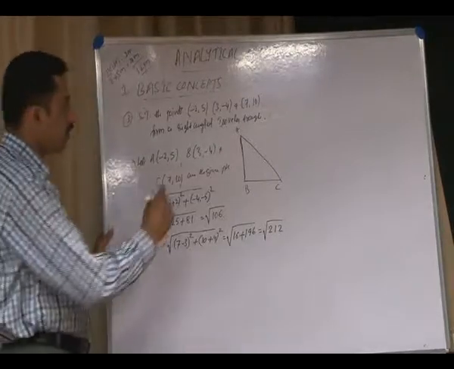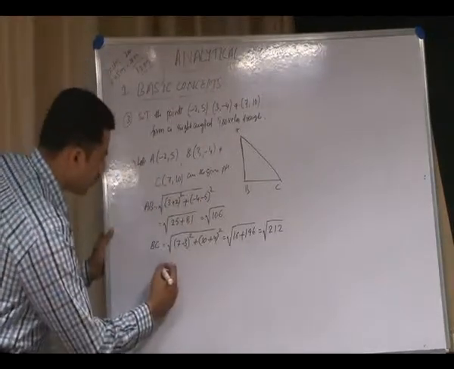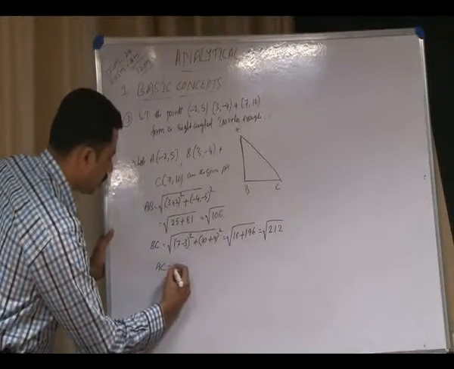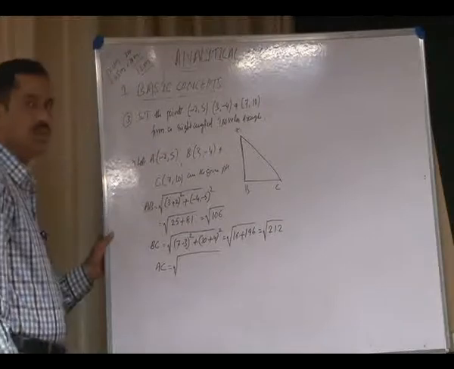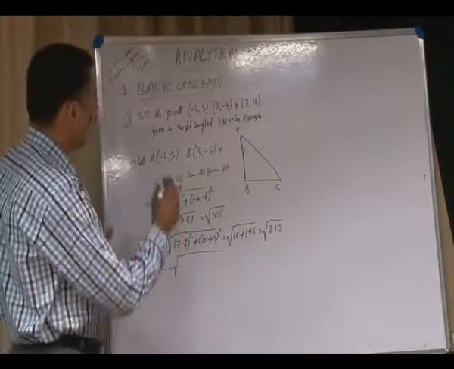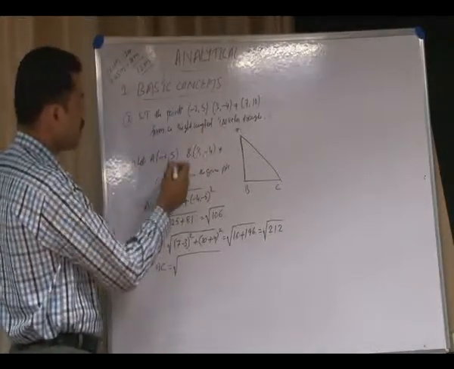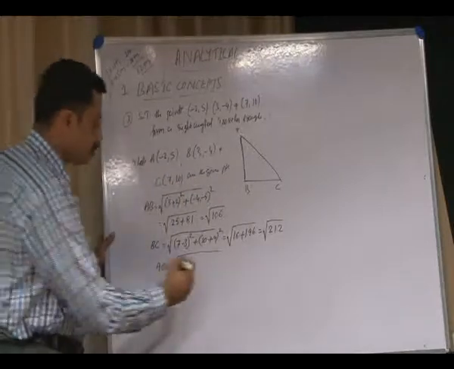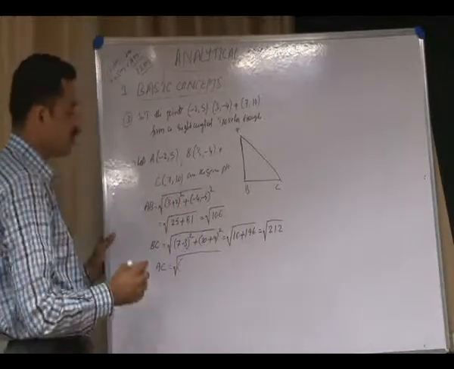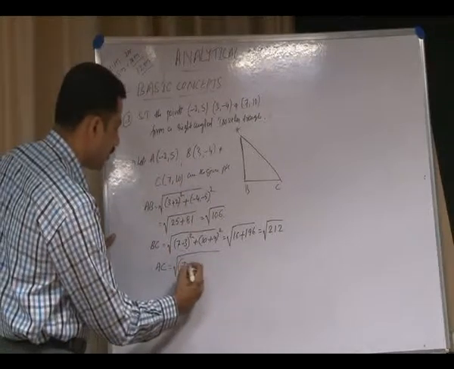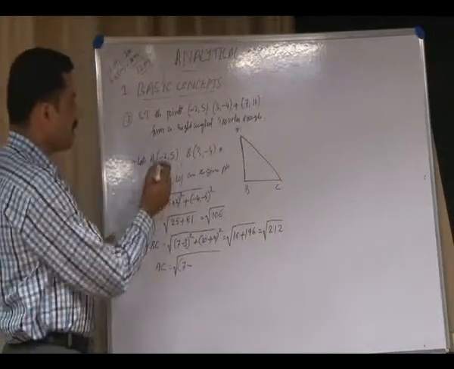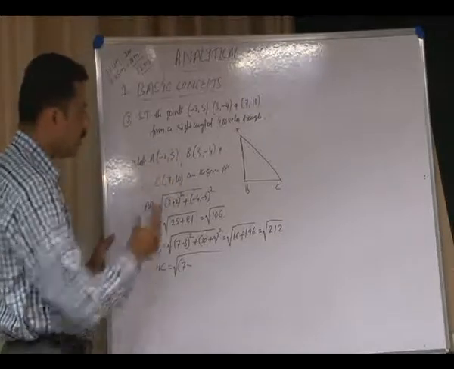Similarly, we are going to calculate another side of the triangle, that is AC, by using the distance formula. AC is equal to square root of x2 minus x1 whole square plus y2 minus y1 whole square, where A is the first point and C is the second point. x2 is the x coordinate of the second point C, that is 7, minus x1, the x coordinate of the first point A, that is minus 2.